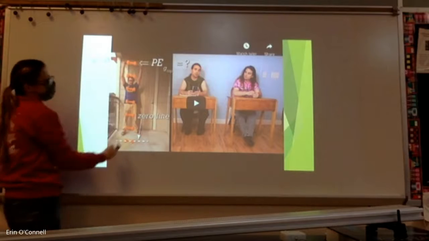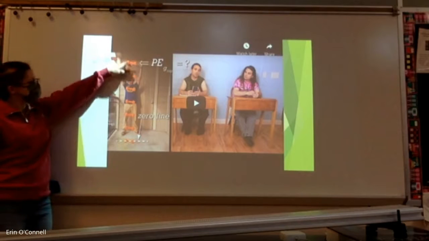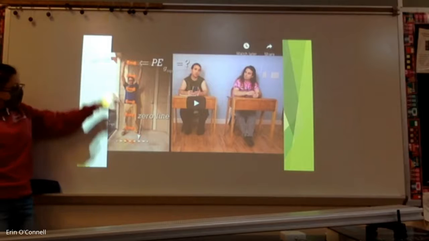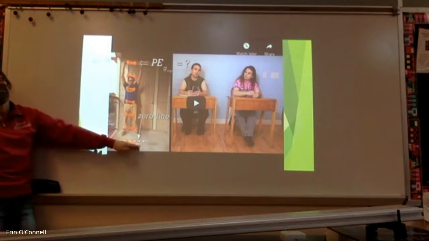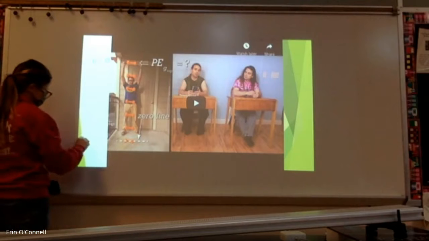As the object falls, what do we expect to see? Kevin? Kinetic energy will increase and potential energy will decrease. Okay, so as potential energy decreases, our kinetic energy is going to increase as it moves closer and closer to the ground, which we also call the zero line. The ground is the zero line. What that means is that the height at that position is 0.